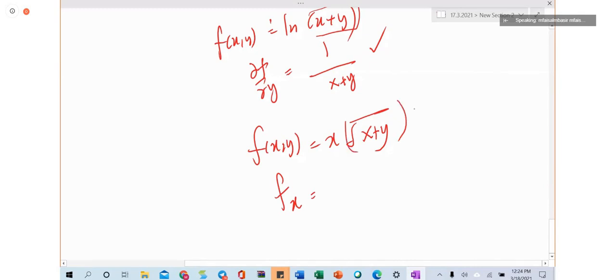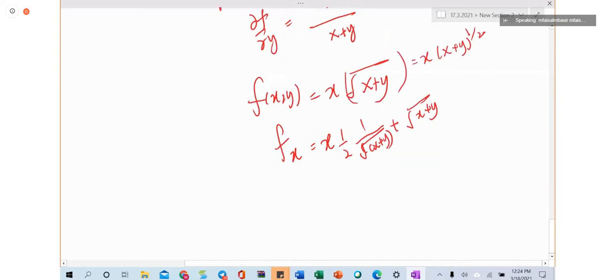This is the same as x times (x plus y) to the power of half. Copy whatever is at the left, differentiate the right, power minus 1, differentiate inside, plus square root of x plus y, times 1, over 2 square root of x plus y.